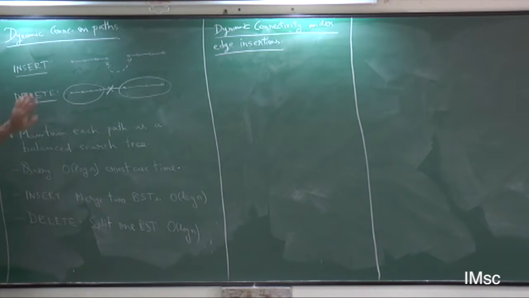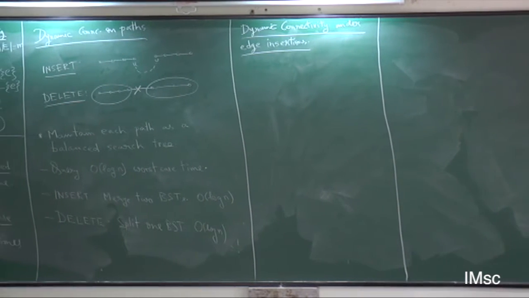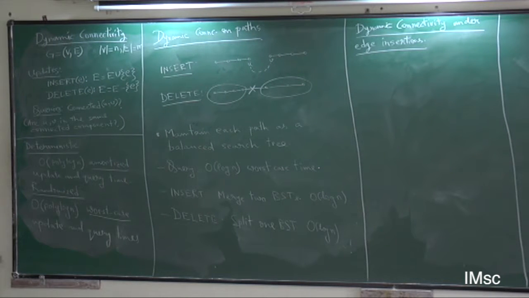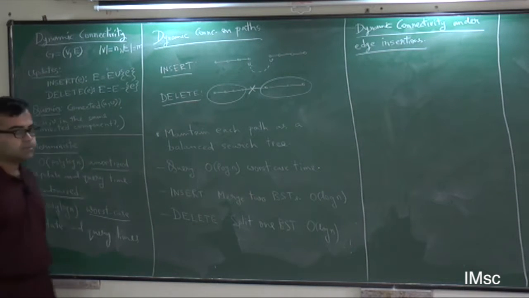So, now we have a general graph, not paths, but the constraint is that you only allow for edge insertions. Edges will never be deleted. How will you solve this problem?